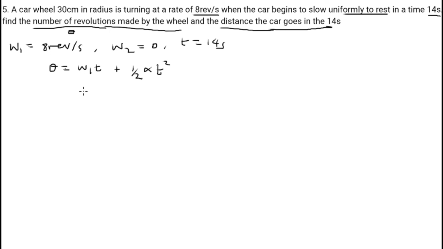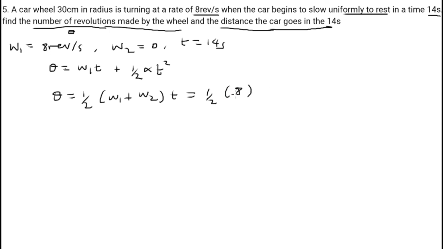If this will not help us, we can make use of half omega 1 plus omega 2 multiplied by t. I think this will be nice. So I'll have half omega 1. If I solve in revolutions, that's 8 revolutions per second plus 0, and then the time.